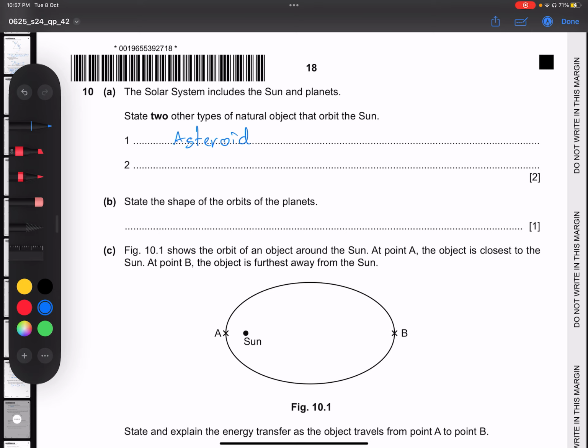Another thing that orbits the sun is comets. Comets have a highly eccentric, elliptical orbit, meaning that they have two foci. Similar to this diagram here, they would have another focus around here. Another thing that orbits the sun is dwarf planets such as Pluto and Ceres. Those are all dwarf planets that orbit the sun.